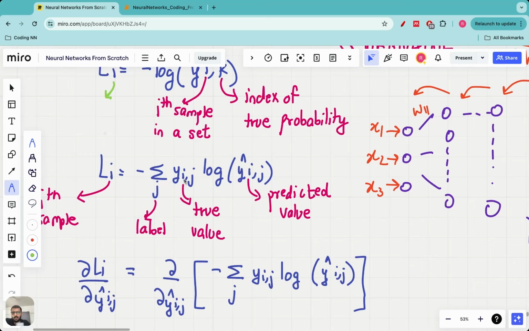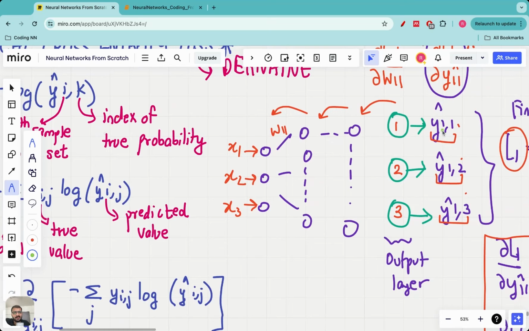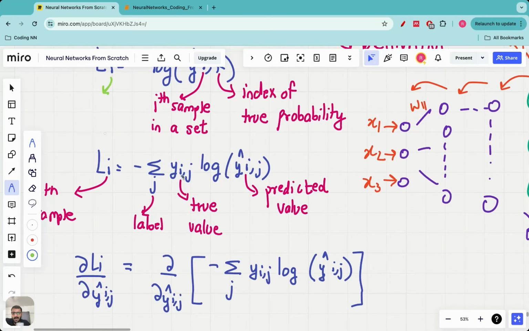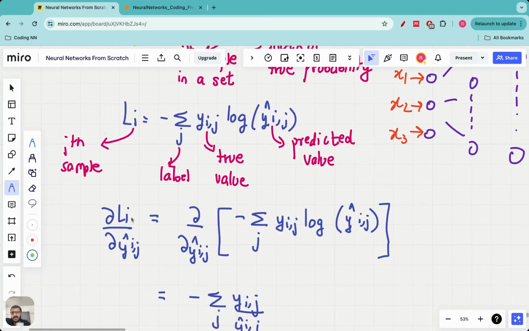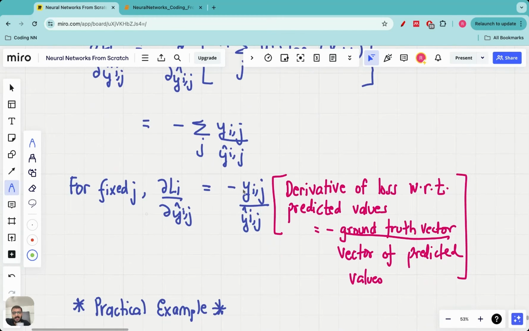So why do we have two labels here, i and j? i corresponds to the batch. So here, see y11: the first index means the first batch and the second index means which neuron it is. So i corresponds to the batch and j corresponds to which neuron it is. And then the partial derivative of Li with respect to y hat is just the negative of the ground truth divided by the vector of predicted values.